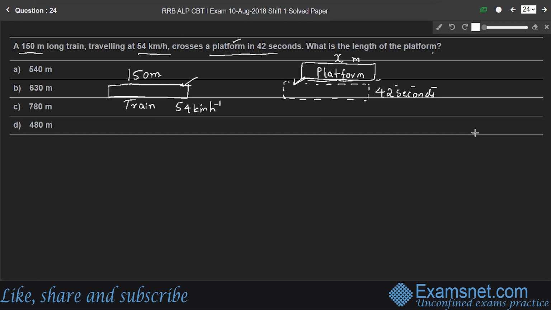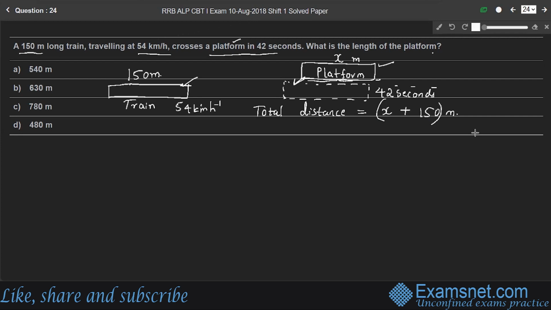Along with crossing the platform, the train has to cover its own length. Therefore, the total distance will be x, the length of the platform, plus 150 meter.